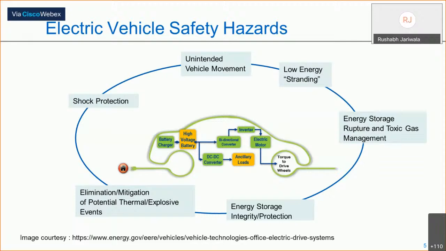So, energy storage rupture and toxic gas management. This is a very unique kind of hazard because Li-ion batteries, when they go through the charging and discharging process, actually release some toxic gases. Although the amount is small, it still releases.